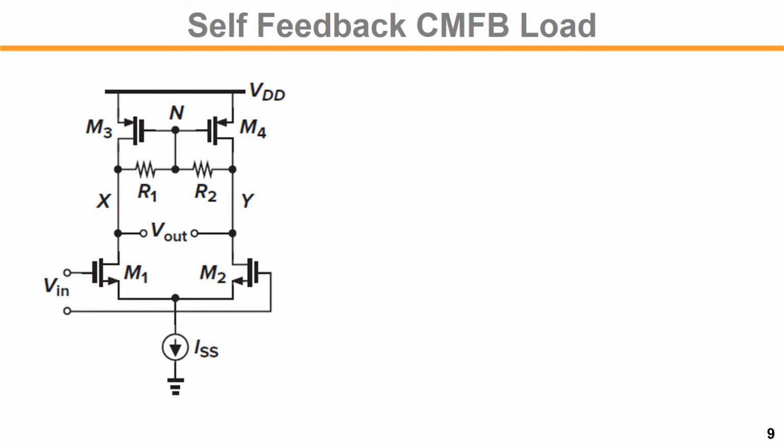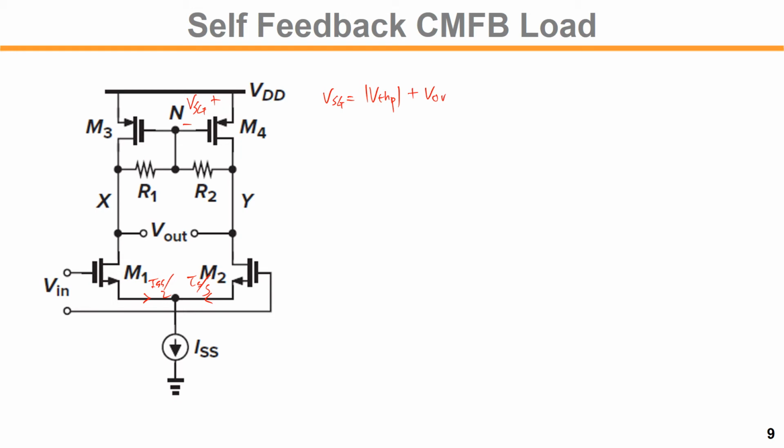For this amplifier, let's check the output swing range. At the proper bias, ISS over 2 will flow in both branches, and at the bias condition, the node N will be set up by the VSG of the PMOS device. So VSG would be VTHP plus the overdrive voltage.